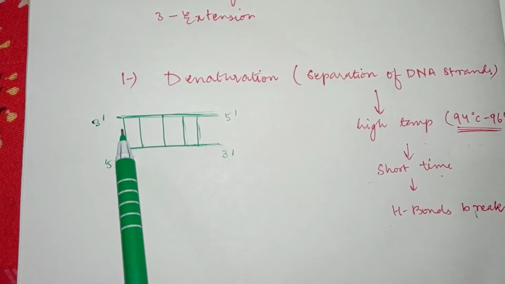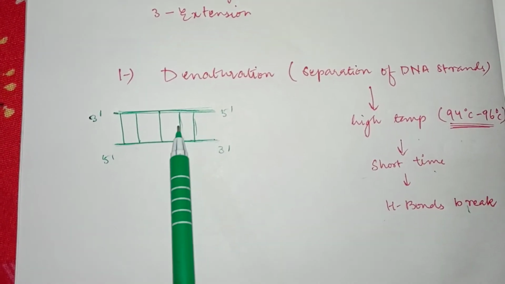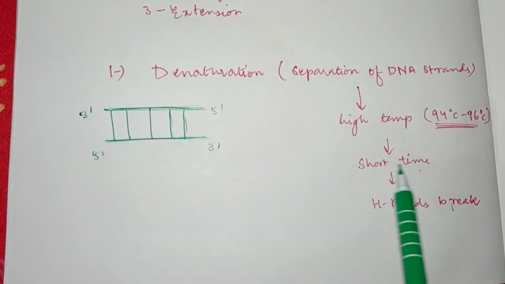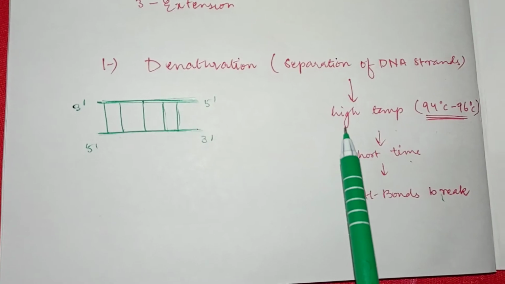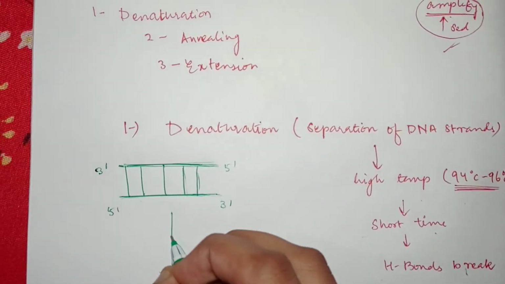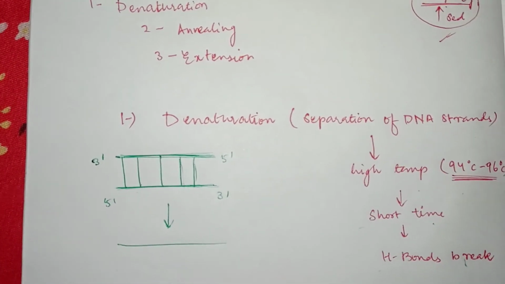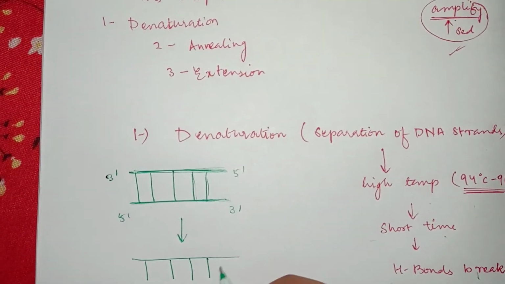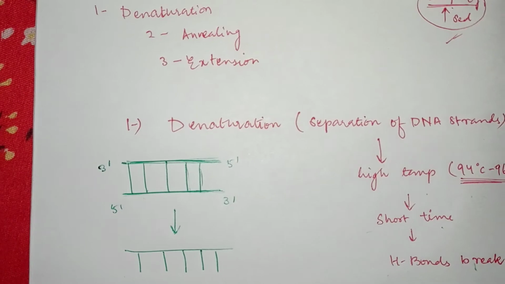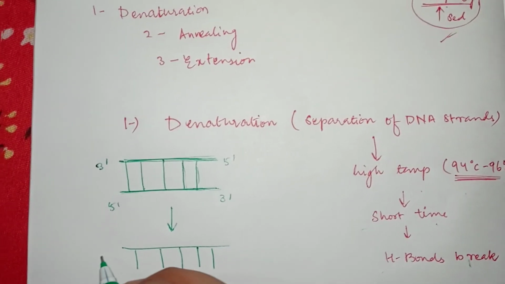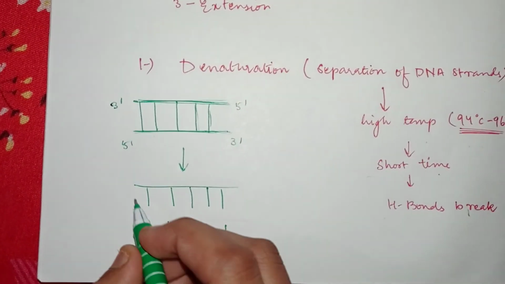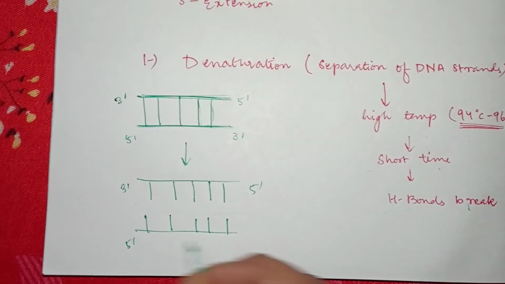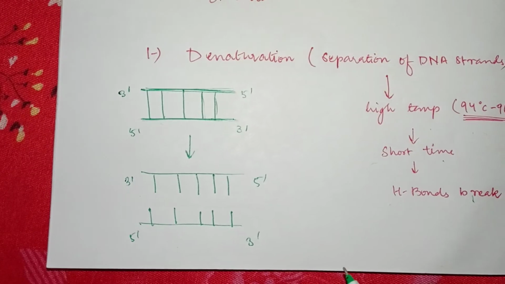We only want these hydrogen bonds to be broken down. So the DNA strand after separation looks like this, and this strand should be from 3 prime end to 5 prime end, and another strand should be 5 prime end to 3 prime end.